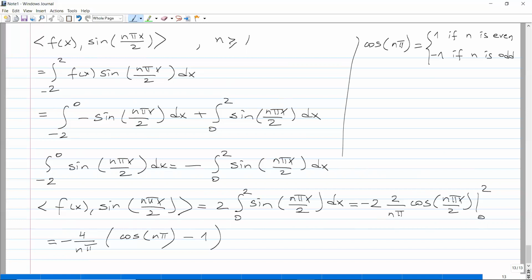So in this inner product, we have cosine of n pi minus 1, which is 0 if n is even, and -2 if n is odd.